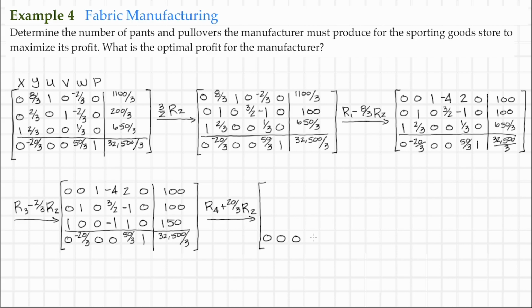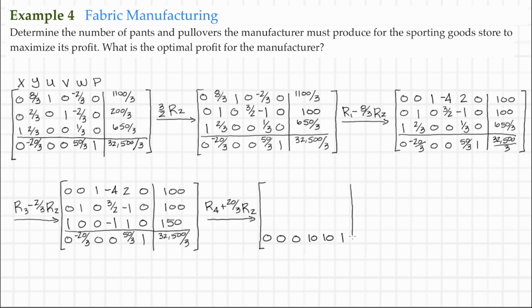And 0 plus 10 is 10. -1 times 20/3 is -20/3. And 50/3 minus 20/3, that's also 10. 0, 0, and bring down our 1.